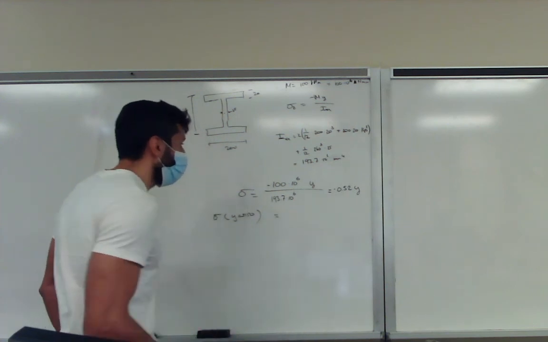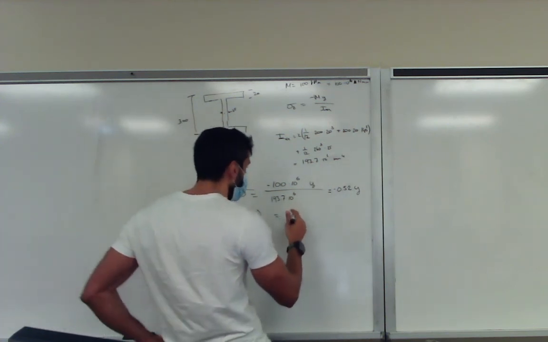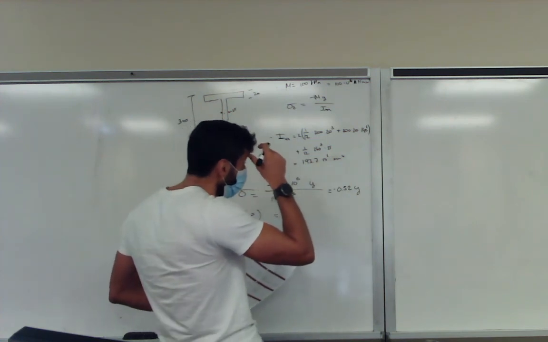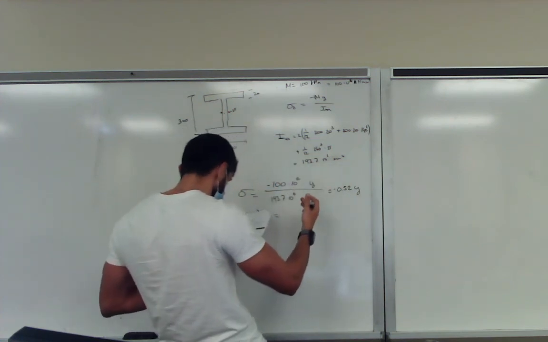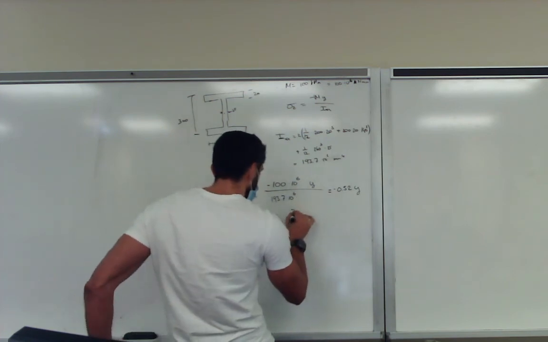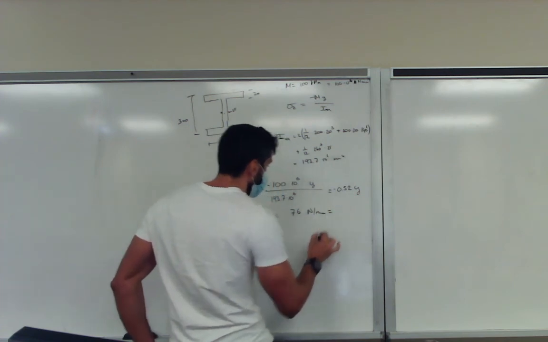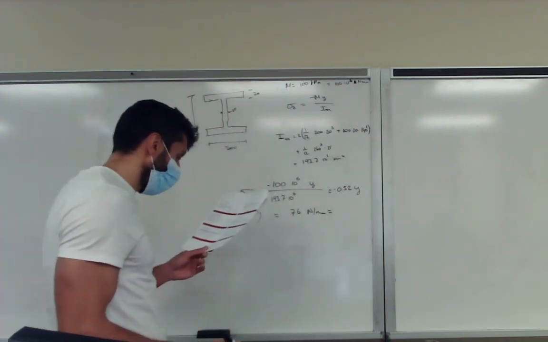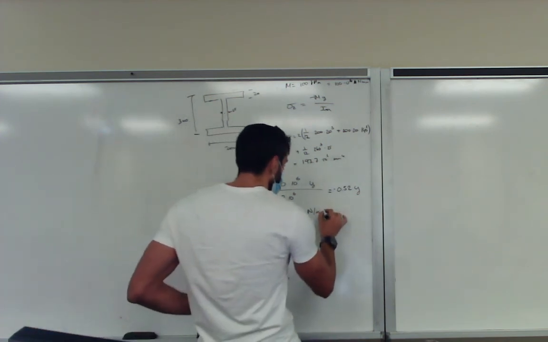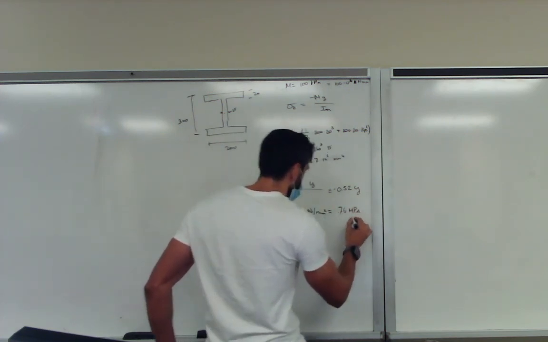If you evaluate that, we get 75, 74 approximately, slightly bit more, 76. So we get 76 Newton per millimeter squared, which is 76 megapascals.